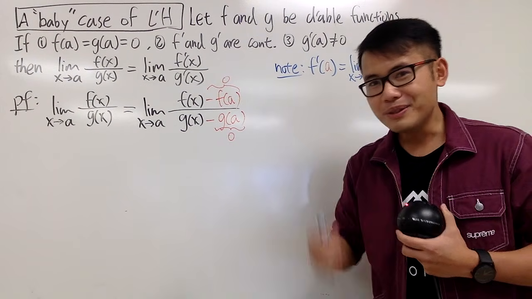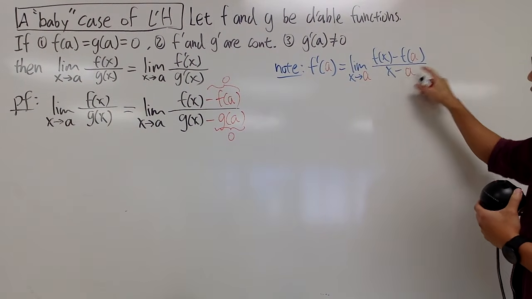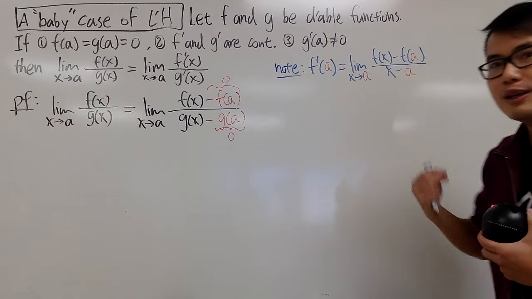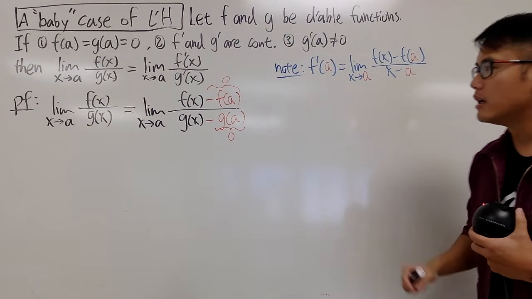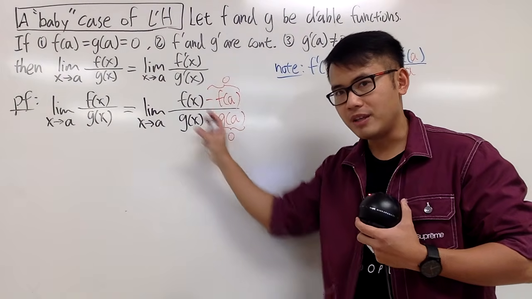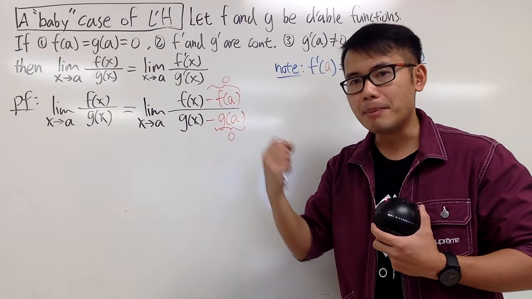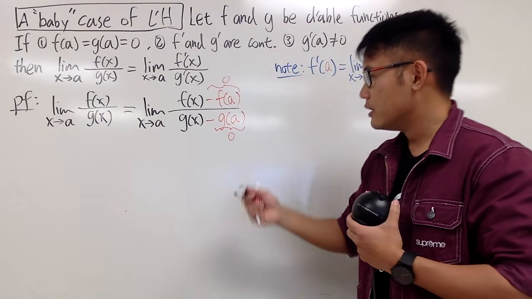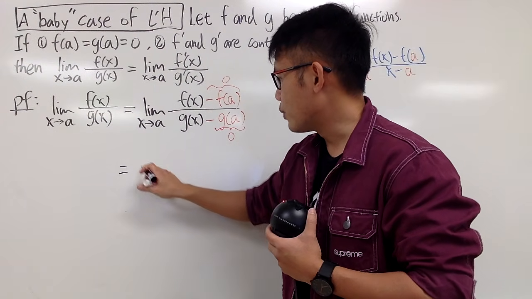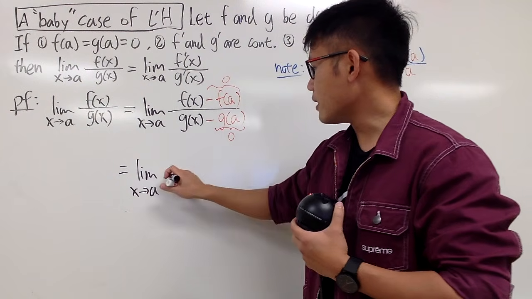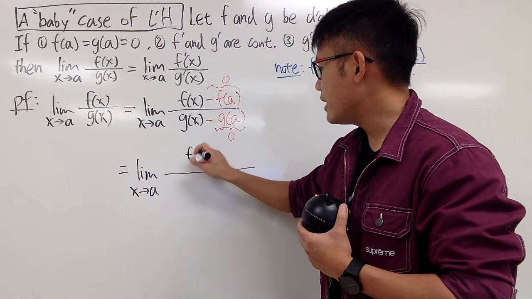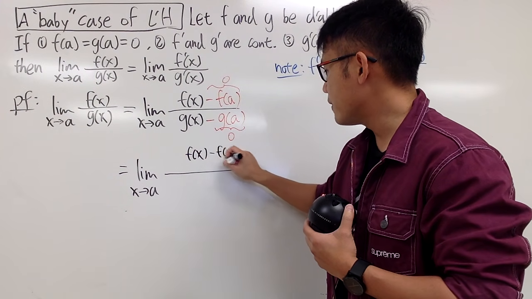Cool. And notice, I do want to divide it by x minus a so that I can call out the f prime notation, right? So beginning from here, let me divide the top and bottom by x minus a. Let me just write this down again, everything in black. The limit as x approaching a. On the top now, we have f of x minus f of a.